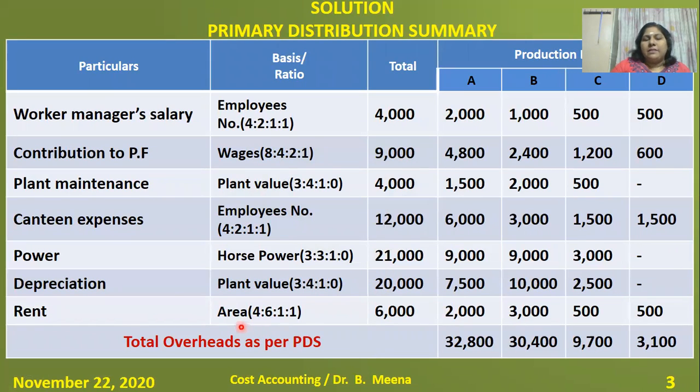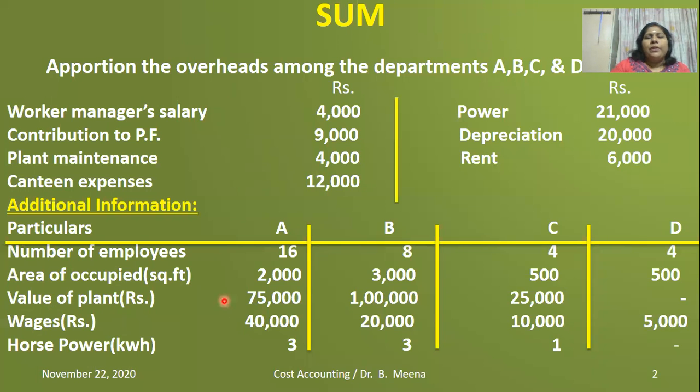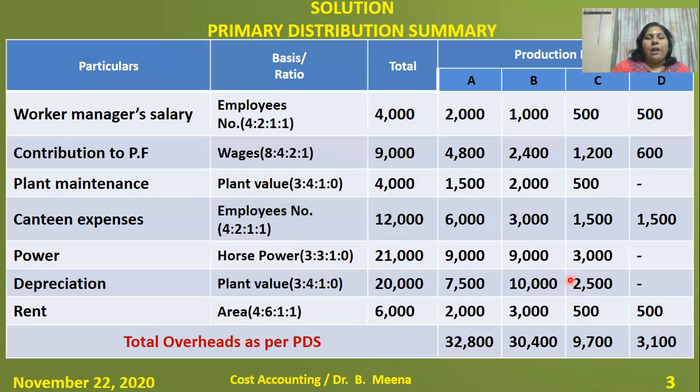I can take the basis as area. The area ratio I already calculated; we can cancel only two zeros in all amounts, so I can simplify the ratio to 4 is to 6 is to 1 is to 1. That is the ratio I apportion out of 6,000, meaning 4 by 12, 6 by 12, 1 by 12, 1 by 12. Get these amounts.